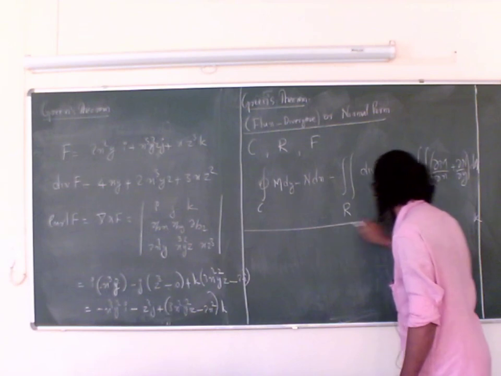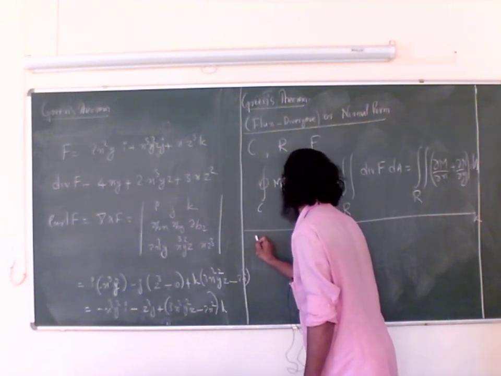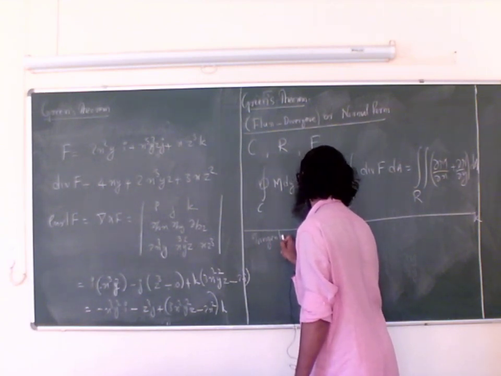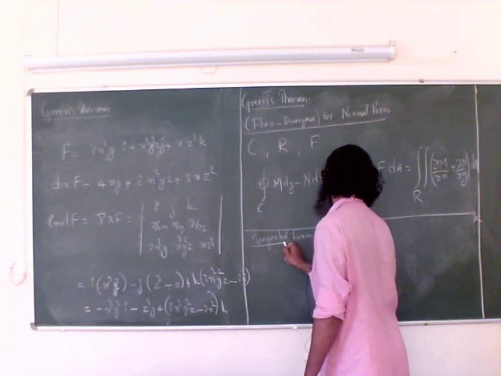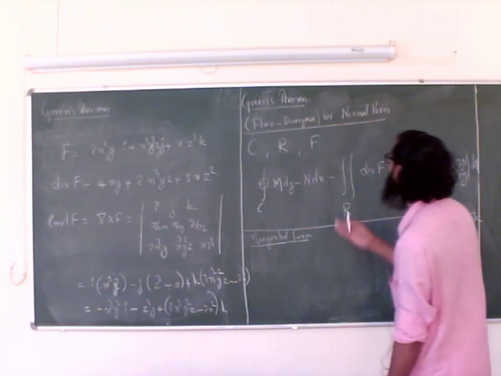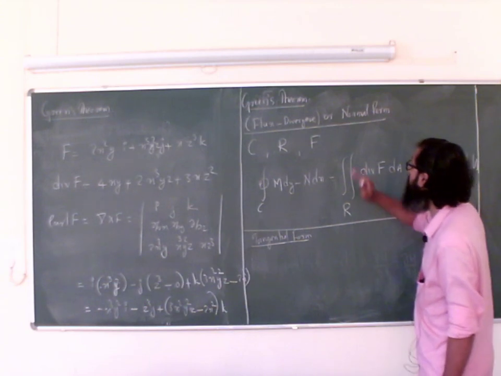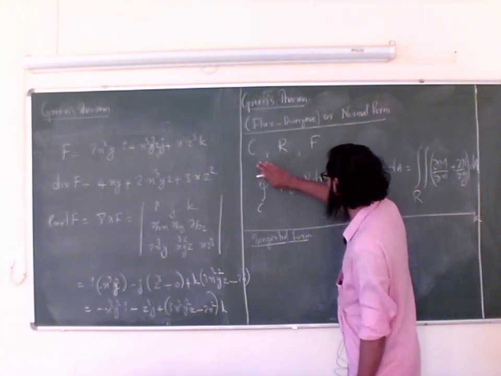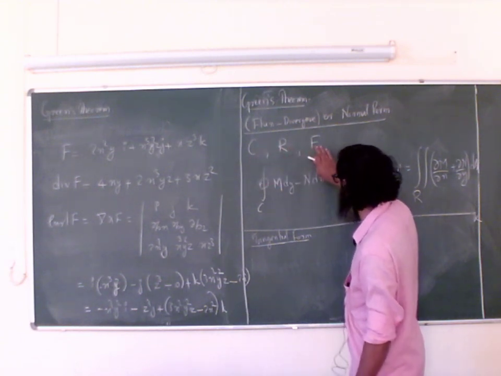We have another form, that is called the tangential form, or the k component, flow or circulation, curl form, whatever it is. Again, we have a closed curve C, and the region R is bounded by C, and F is a vector field.